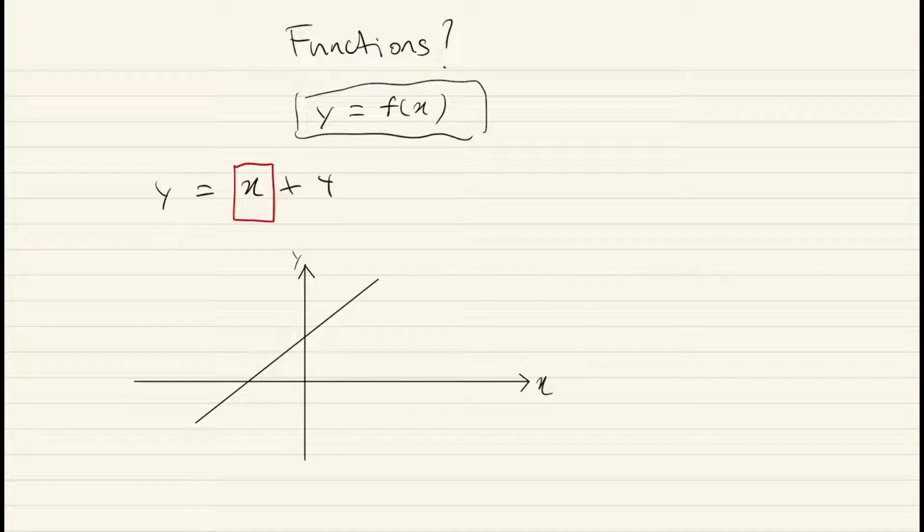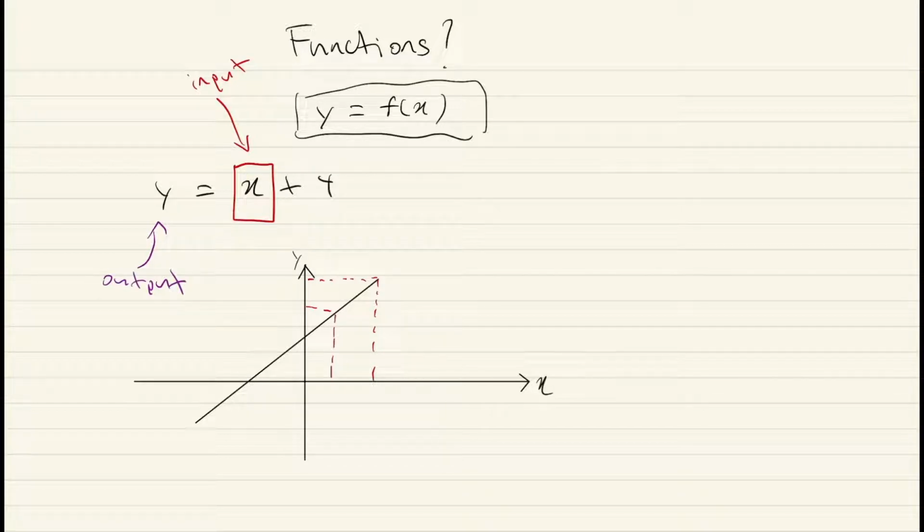So when you input a value of x over here, you'll get this value of y. And when you input a value of x over here, you get this value of y. So x is your input and y would be your output.